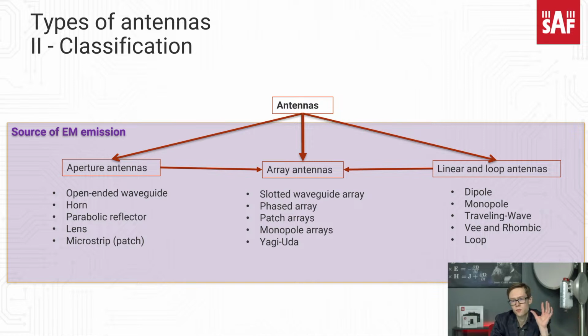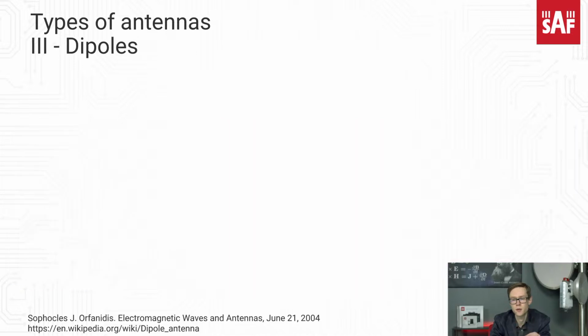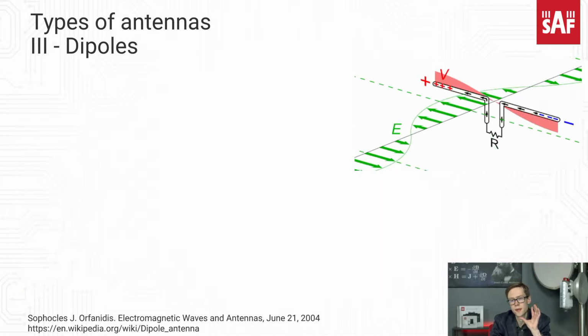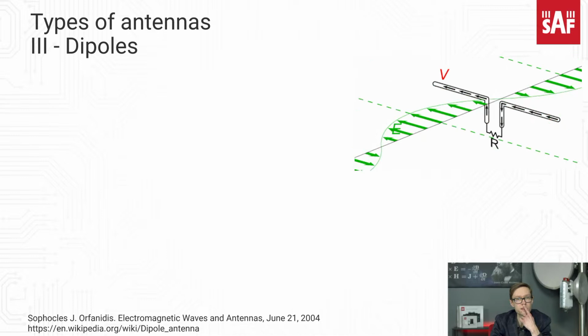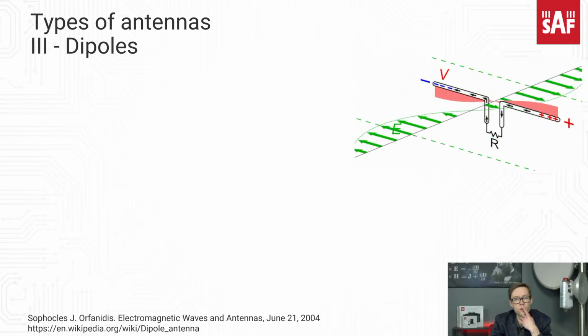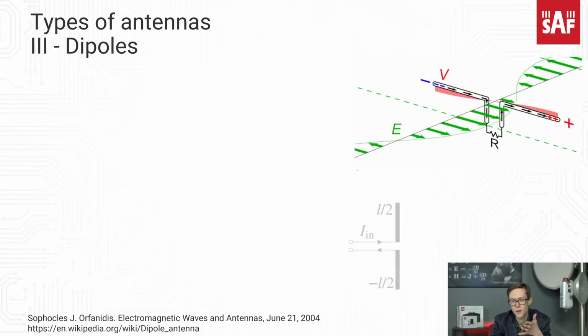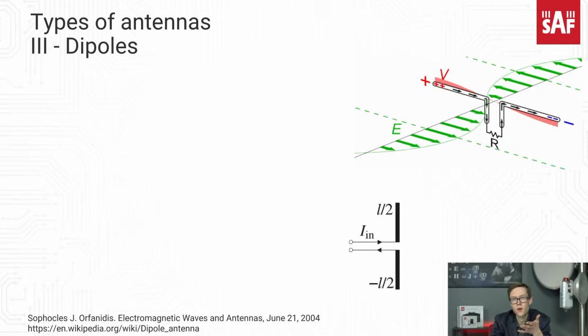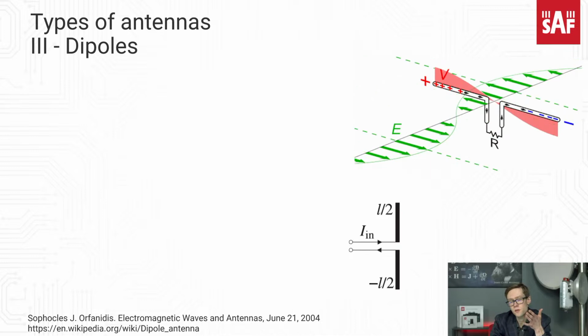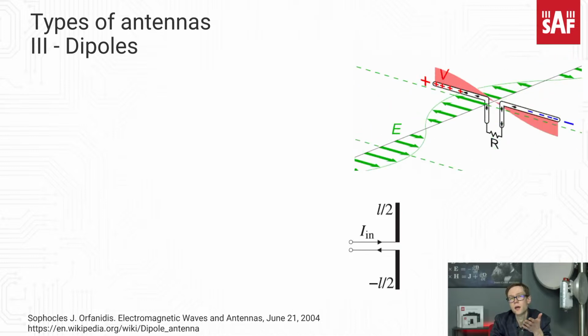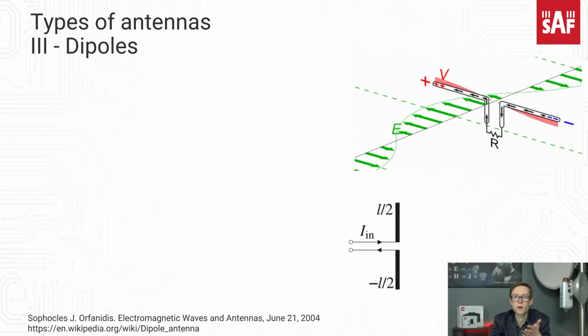And we're going to start with the first antenna ever invented by Heinrich Hertz, the dipole antenna. So what are the dipole antennas? This type of antennas are still one of the most commonly used in engineering. And here is the visualization of how the electromagnetic field is distributed over this antenna.